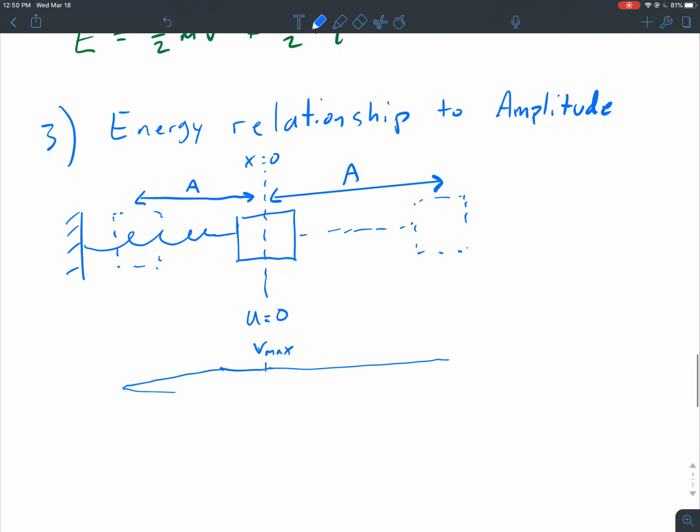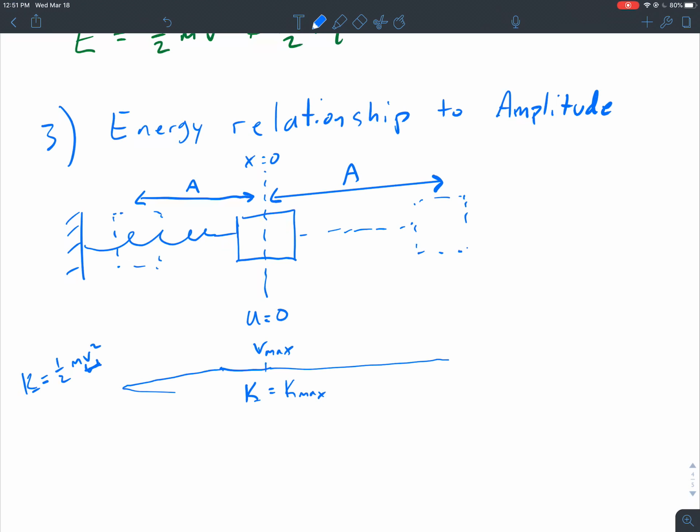Thus, our potential energy is 1/2 kx squared. Our velocity is max about the equilibrium, so our kinetic energy is going to be maxed here.